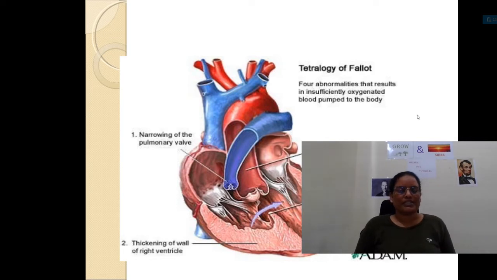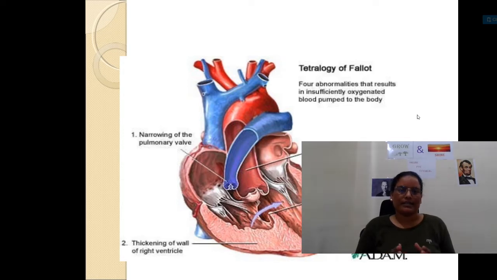In the normal condition, the pulmonary valve receives blood from the right ventricle, and here what happened is there is pulmonary stenosis, meaning the valve is narrowed.